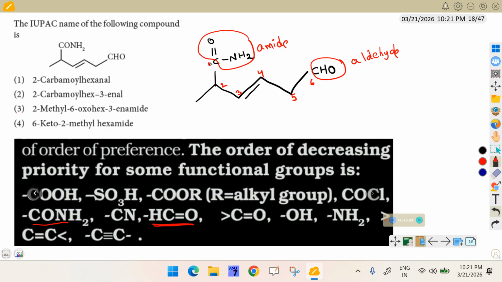Numbering starts with the amide carbon: 1, 2, 3, 4, 5, 6. At the second position, a branch is present, that is a methyl group. So the name starts with 2-methyl. Only one option: 2-methyl 6-oxo. Aldehyde is taken as a substituent, so use oxo. 6-oxohex-3-enamide.